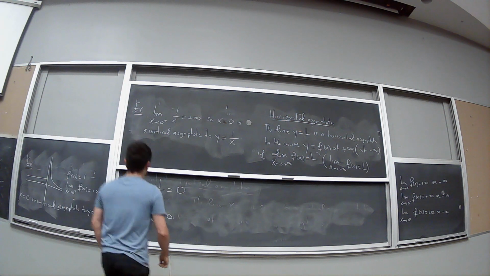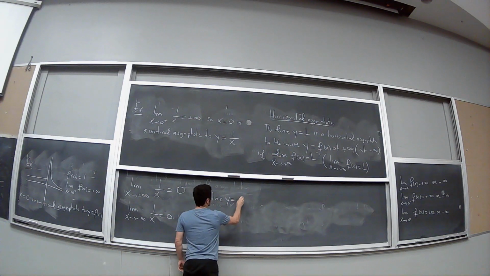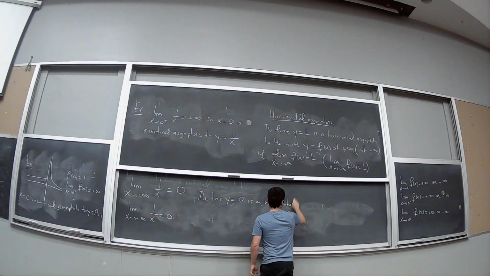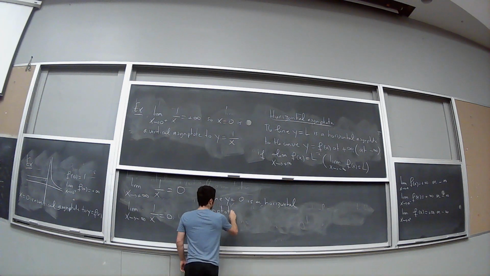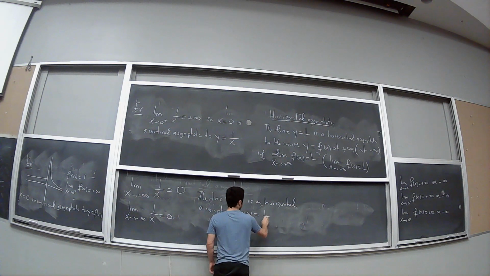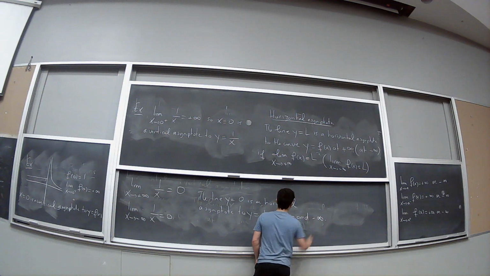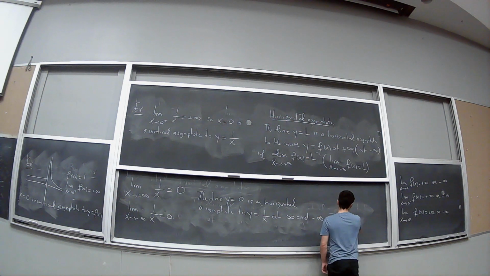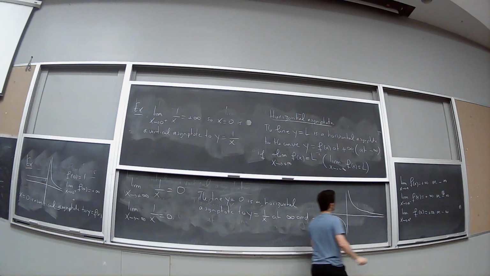So the line y is equal to 0 is a horizontal asymptote to y equal 1 over x at infinity and minus infinity. Let's sketch what the horizontal asymptote may look like.